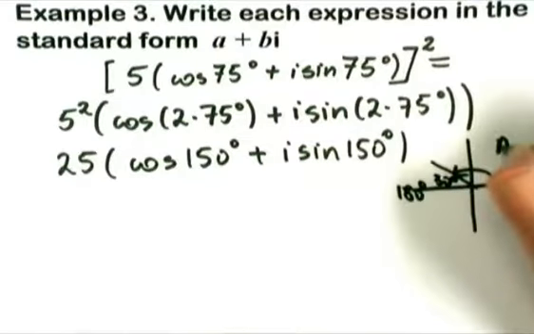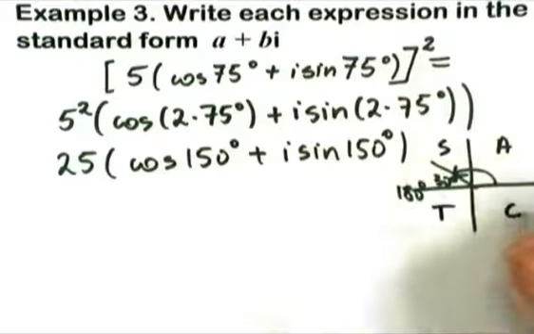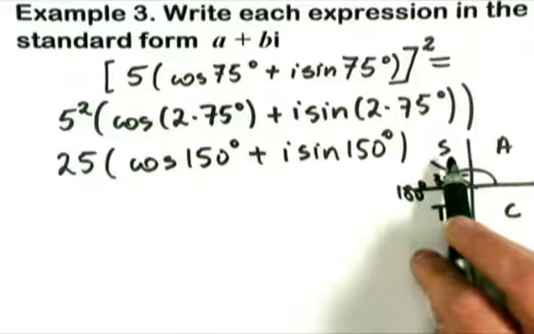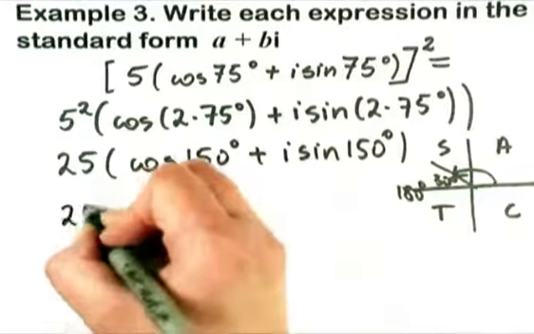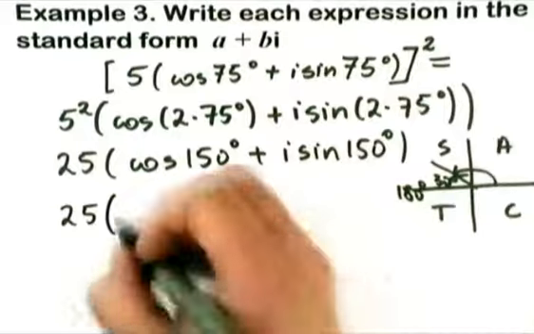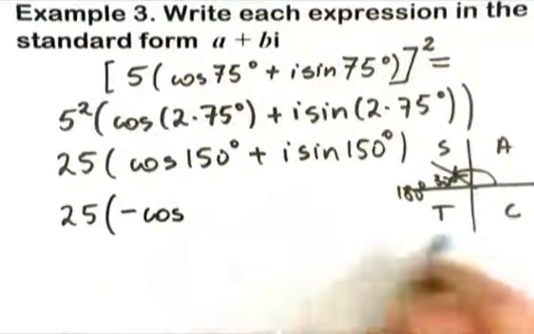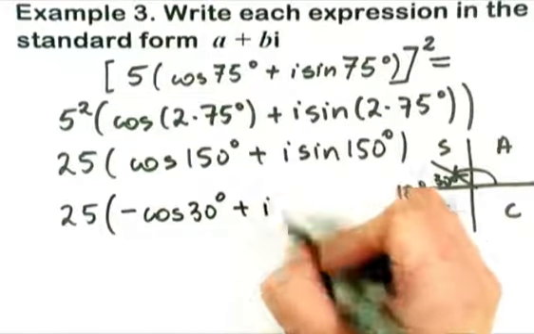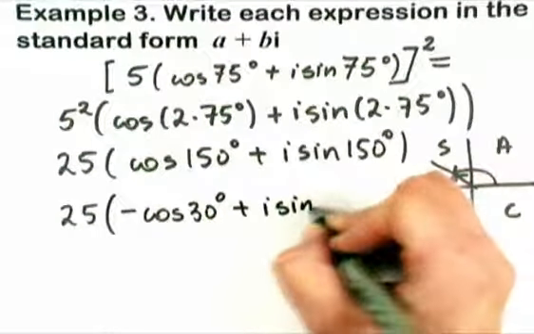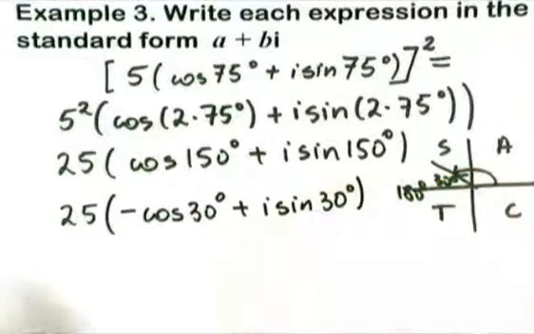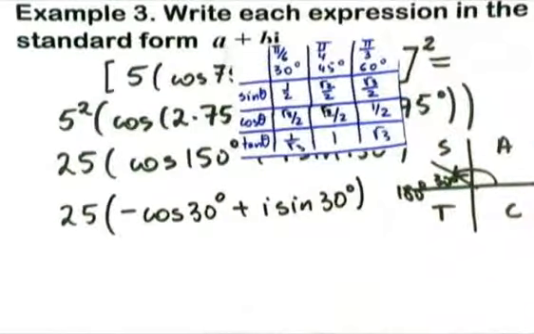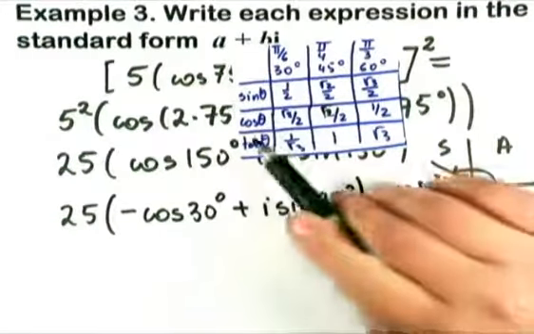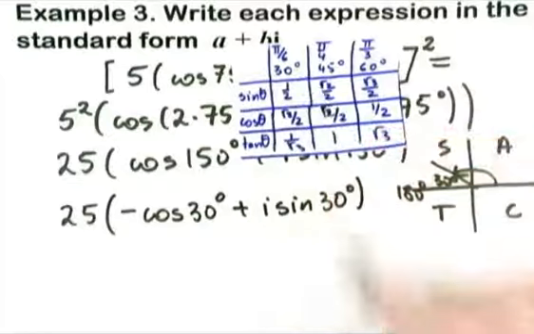So we have add sugar to coffee, and the sign is positive in this form. So we have 25, cos is negative, so minus cos of the reference angle 30 degrees, plus I sine is positive, sine 30 degrees. Then we need to use our chart. Cosine 30 degrees is root 3 over 2.